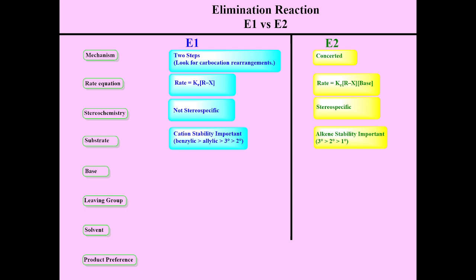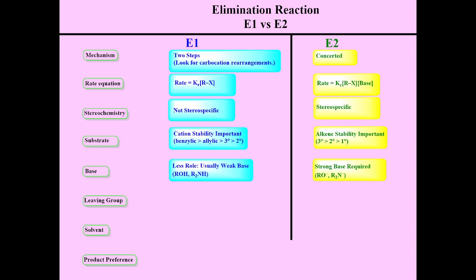So it follows a similar way to SN1. The benzylic cation will be preferred over the allylic, and they will be preferred over the 3 degree and 2 degree. And in case of E2 elimination reaction, alkene stability is very important. So 3 degree will be preferred over 2 degree and over 1 degree. So this is the reverse way of E1 and E2.